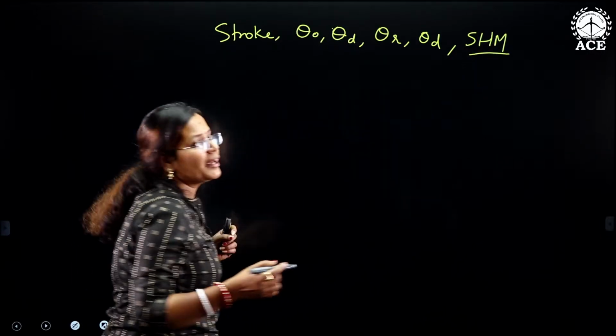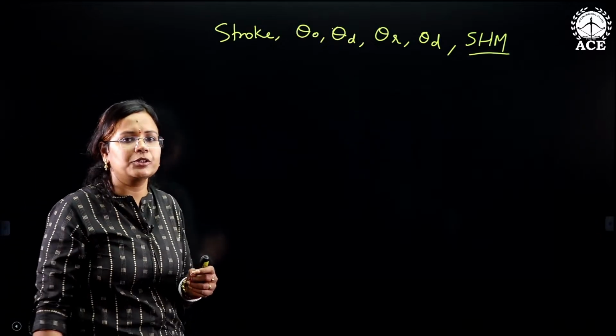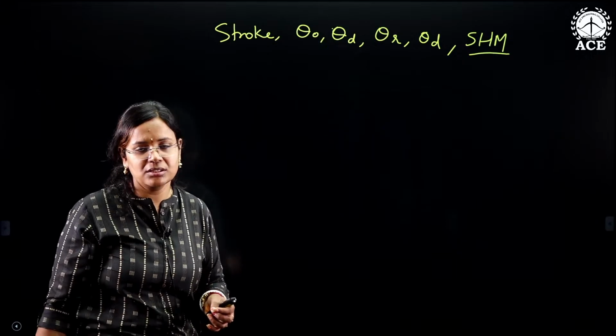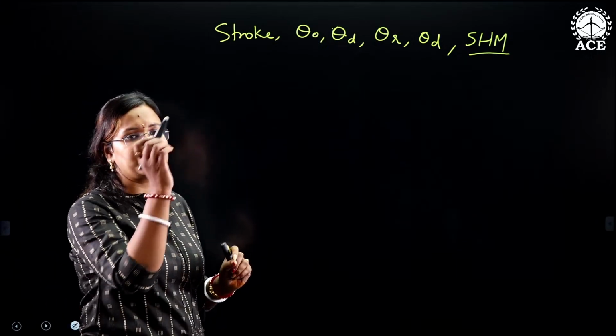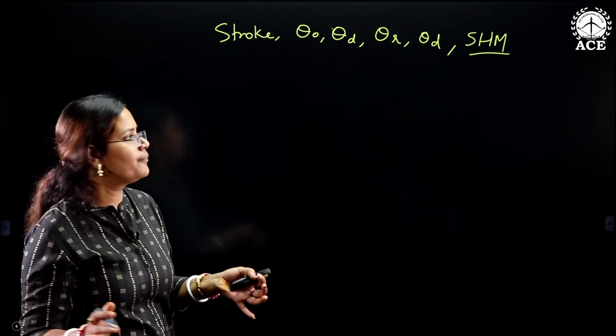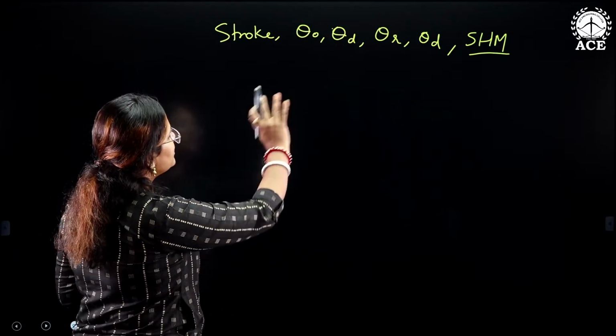Why is this important? Based on this, the displacement diagram will be drawn. And we have seen the different methods for drawing the displacement diagram. If it is SHM, we have to draw a semicircle, and if it is uniform acceleration, there is no need to draw. Right? So let us say this is the condition given.